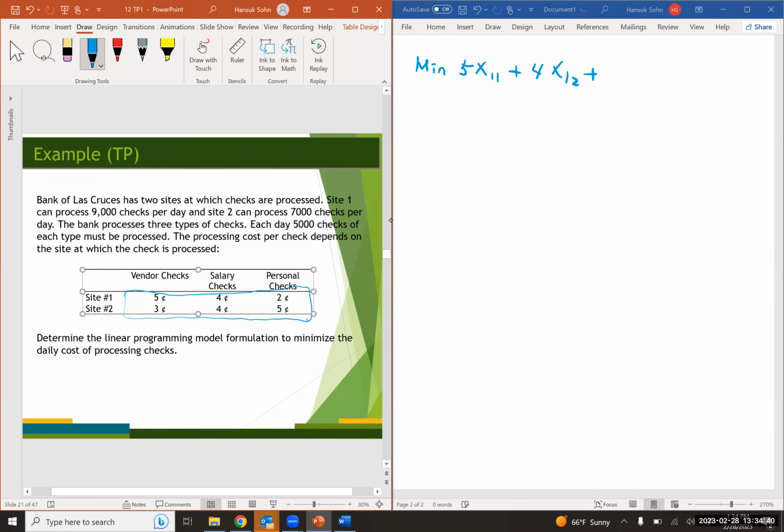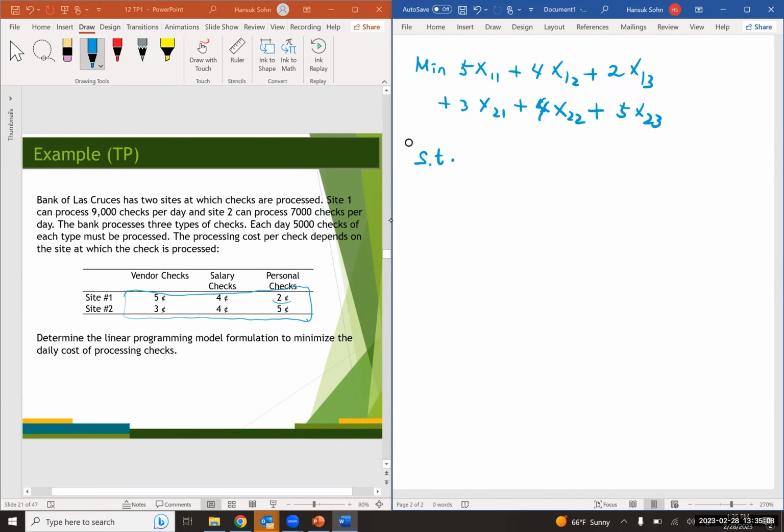And then here, 2 cents for X13, plus 3X21, 4X22, and 5X23. Okay, so that's our objective function. Pretty simple and straightforward, right?